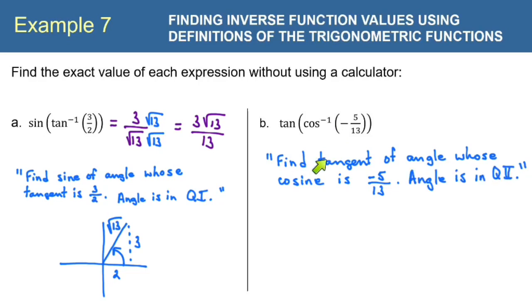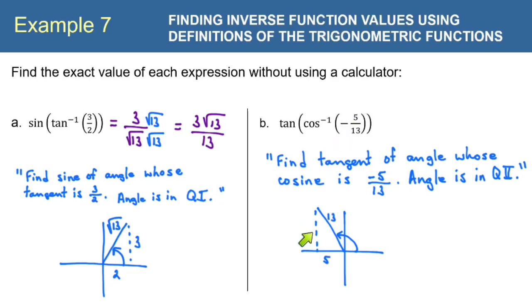So we want to find the tangent of an angle whose cosine is negative 5 over 13, and the angle is in quadrant 2. Let's draw ourselves a quadrant 2 angle, close up the triangle here, and then if this is a cosine value, then we have x over r. So let's label our horizontal side with 5 and our hypotenuse with 13.